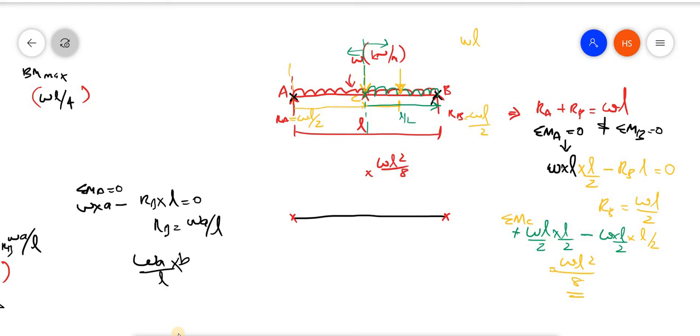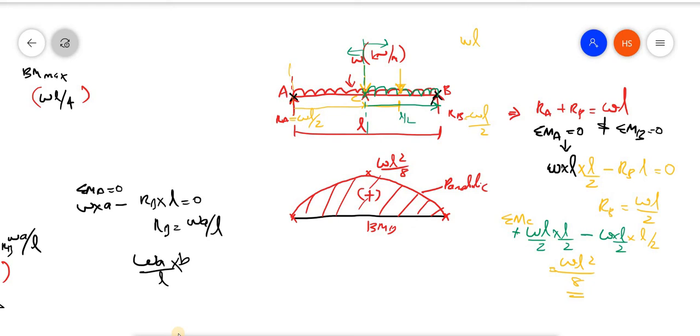Since it is a UDL, I have to join using a parabola. It is not a straight line, but a parabolic variation. It is again positive. This is my bending moment diagram for a simply supported beam with a uniformly distributed load.